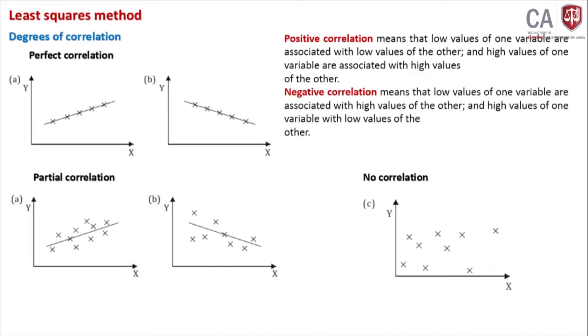Negative correlation means a low value of one variable is associated with a high value of the other, or a high value of one variable with a low value of the other. So that is negative correlation: as one increases, the other decreases. Like price increasing while the other decreases. Negative correlation. And partial correlation, no correlation, you can see.